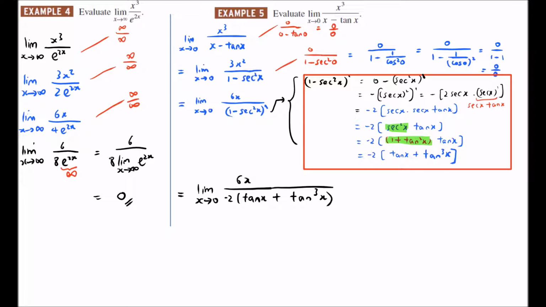Now 6 and 2 can cancel, so you get 3. Right. So eventually you get limit x approaches 0.